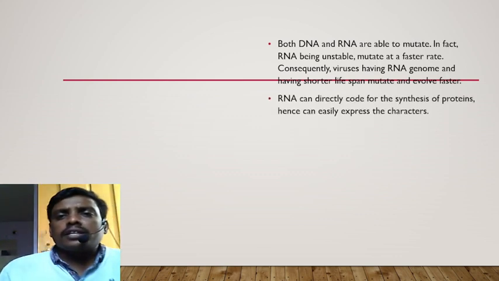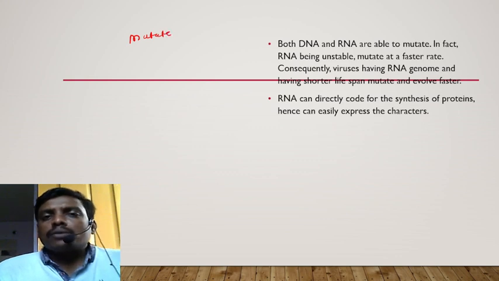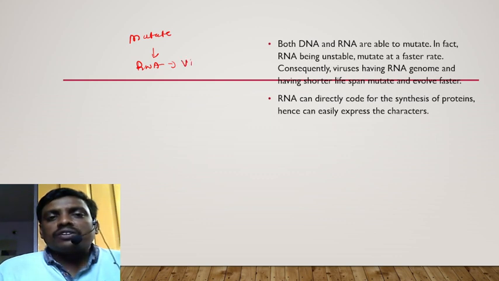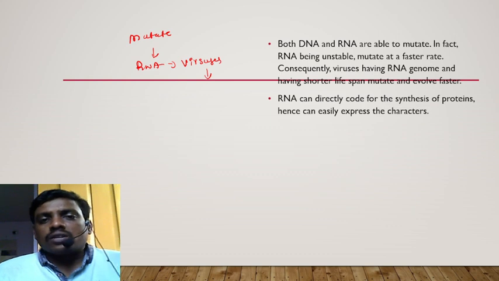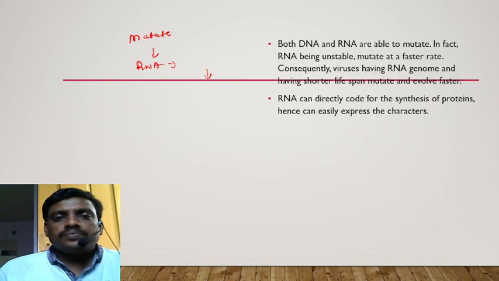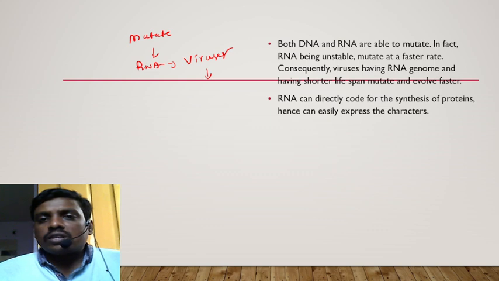Both DNA and RNA are able to mutate. In fact, RNA, being unstable, mutates at a faster rate.